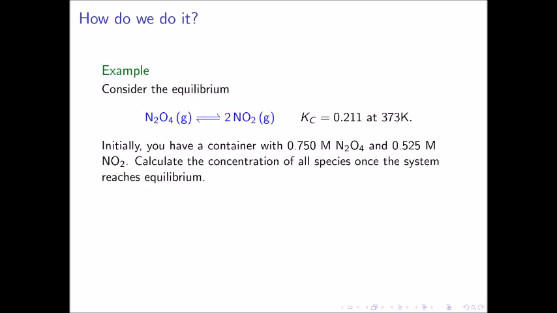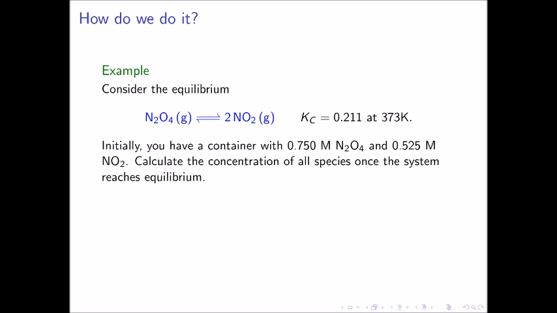Here is our example. Consider the equilibrium reaction of N2O4 gas decomposing to 2NO2 gas. At 373 Kelvin, the Kc value for this reaction is 0.211. Initially, you have a container with 0.750 molar N2O4 and 0.525 molar NO2.